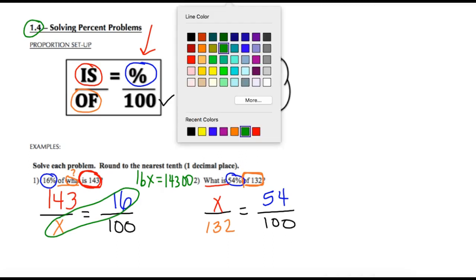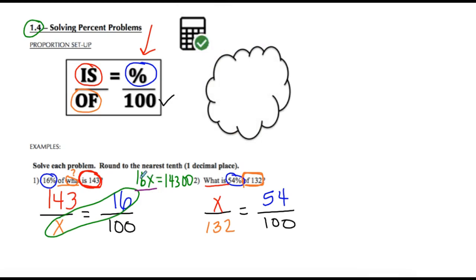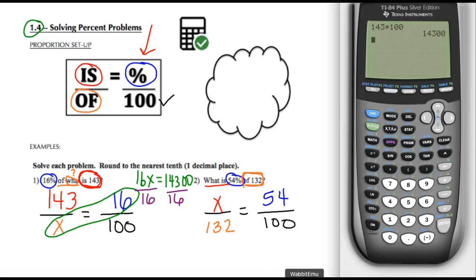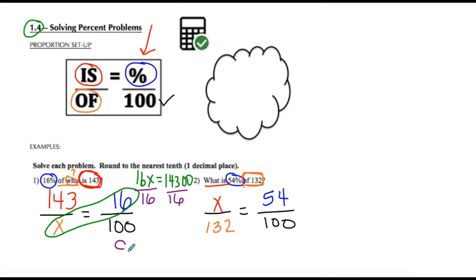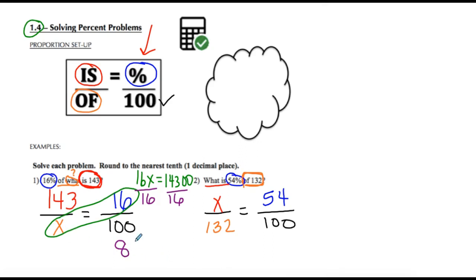To solve, I now need to divide by the number in front of x. So 16 is stuck to x, which means they're multiplying, so I'm going to unstick them by dividing. On my calculator, I have this number, I divide by 16. So I get 893.75.